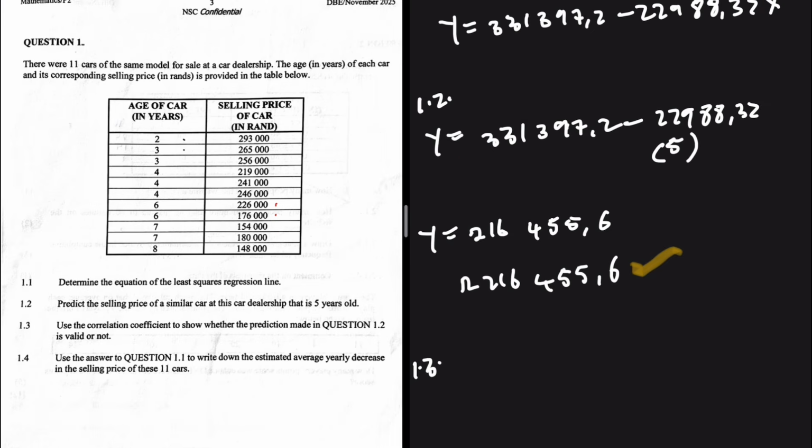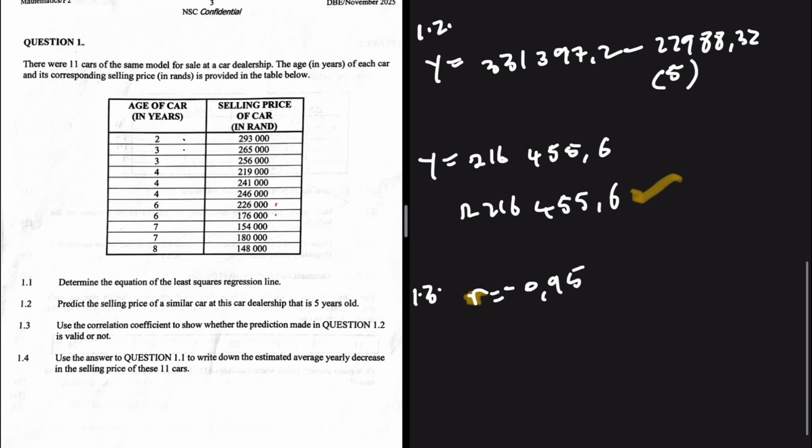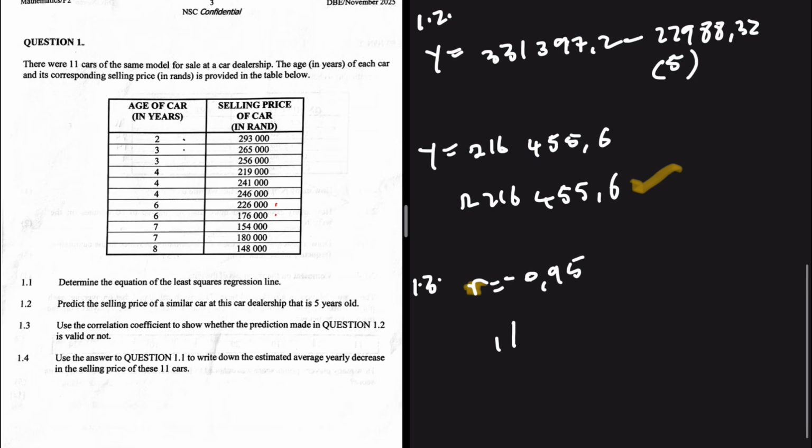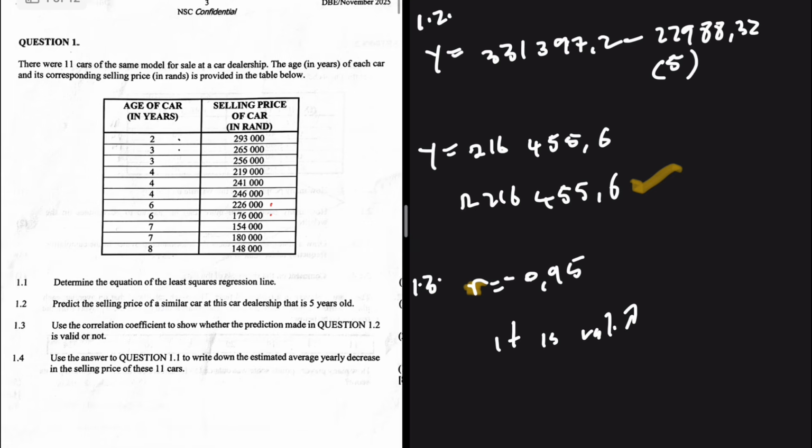Correlation: Shift 1, 5 regression, correlation R is 3 in my calculator, and I get R equals minus 0.95. So based on the correlation coefficient, the prediction we made in 1.2 is valid. It is 2 marks.